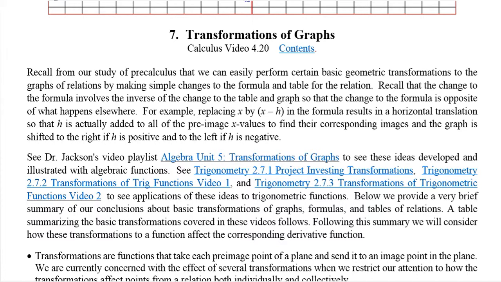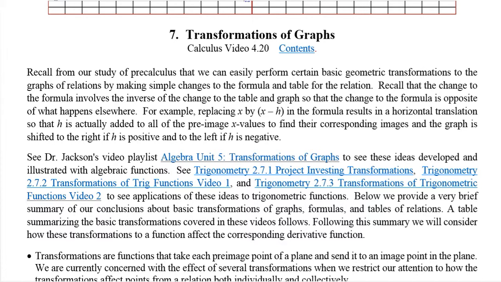One of the basic things that we remember is that the change to the formula involves the inverse of what's happening everywhere else. So the change in the formula is backwards, or opposite of what happens everywhere else. Let me give you an example. If you replace x by x minus h in the formula, that's going to result in a horizontal translation.